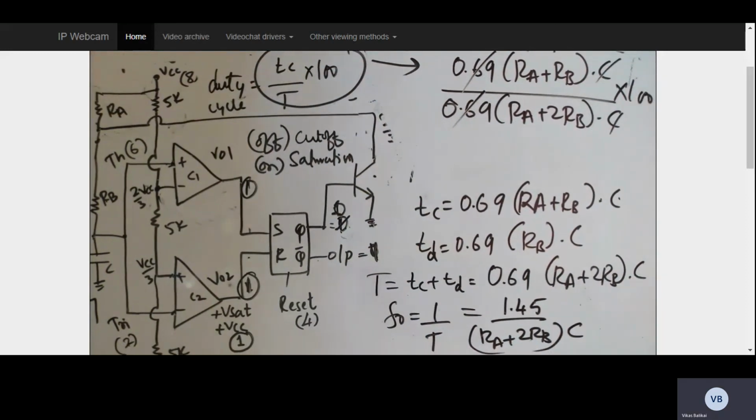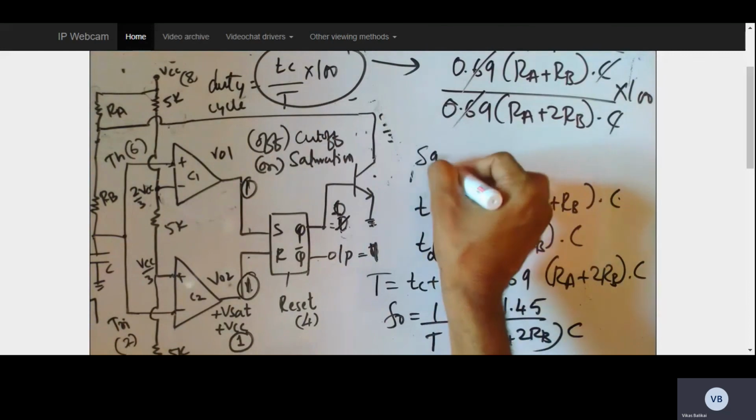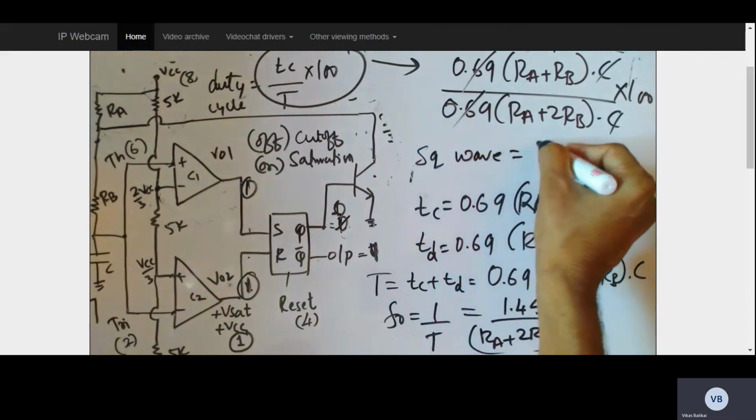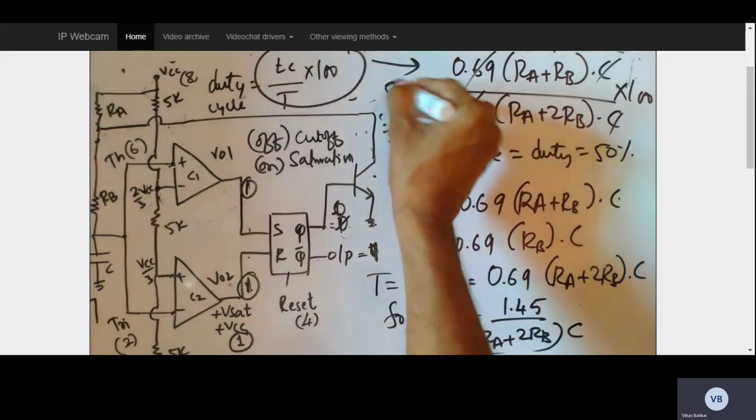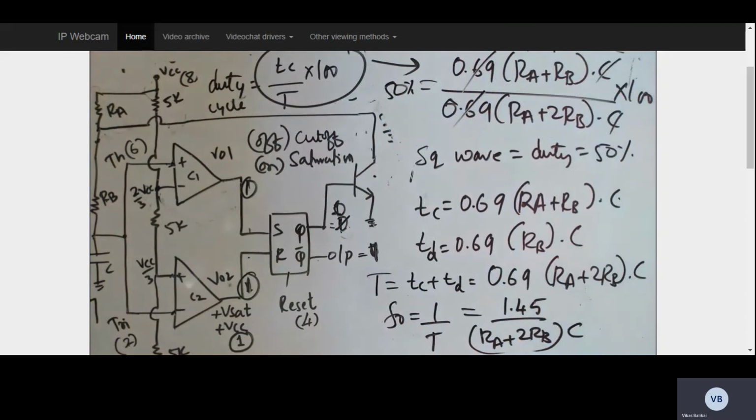So this is basically the entire working principle of my astable multivibrator. And I can ensure that if I want to generate a square waveform, my duty cycle should be 50%. I can do that by equating this to 50% and calculating the relevant values of RA and RB.